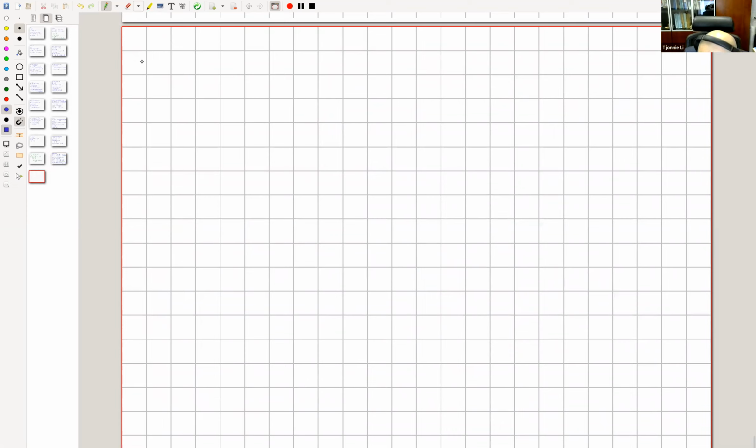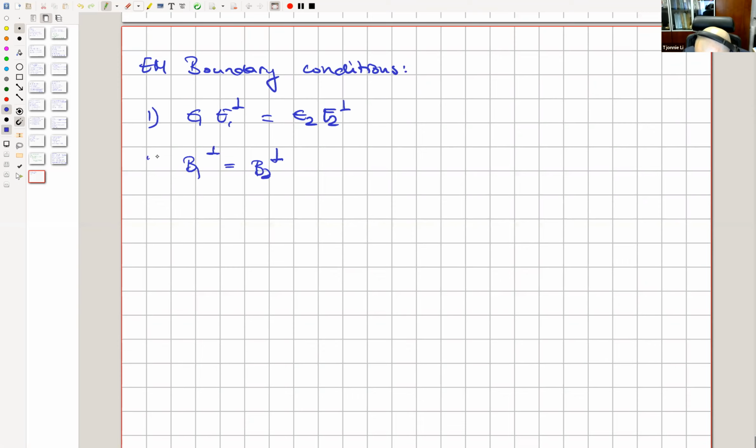Okay, so recall, the boundary conditions basically specify that across boundaries, one, epsilon 1 perpendicular E1 is epsilon 2 E2 perpendicular. Two, B1 perpendicular is B2 perpendicular.